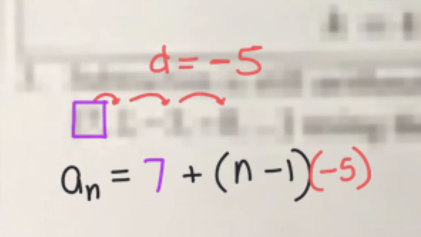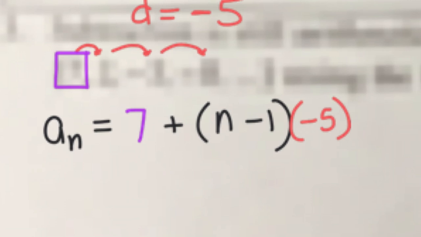So a sub n equals our first term of 7 plus n minus 1, that's still the formula part, n minus 1 times negative 5. So not minus 5, but times negative 5. I put it in parentheses to remind myself that that is not a subtraction, but rather a multiplication.